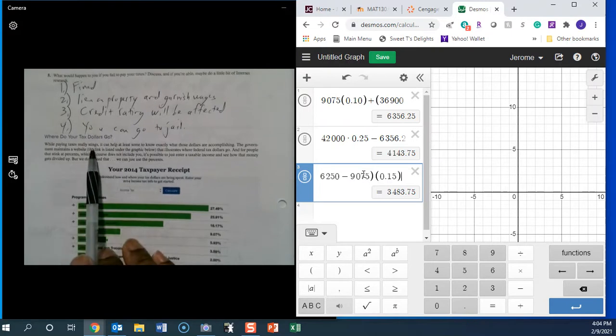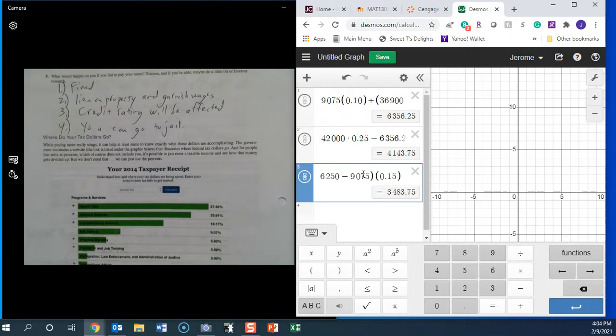While paying taxes really stings, it can help at least some to know exactly what those dollars are accomplishing. The government maintains a website. The link is listed under the graphic below that illustrates where federal tax dollars go. And for people that stink at percents, which of course does not include you, it's possible to just enter a taxable income and see how that money gets divided up. But we don't need that. We could just use the percents.